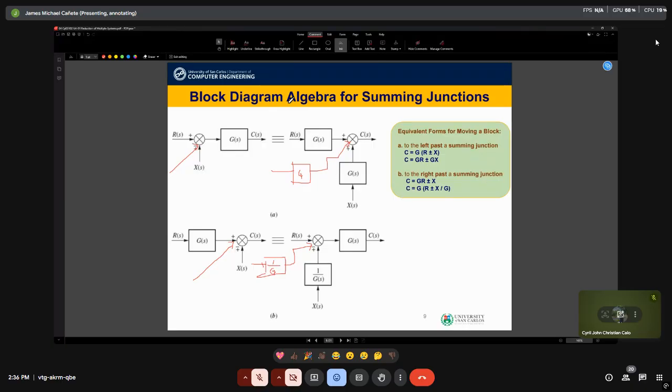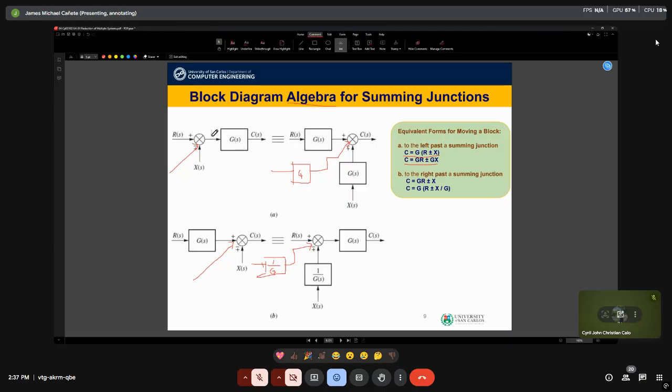The reason this is called algebra for summing junctions is that, mathematically, we're just using the rules of arithmetic, like the distributive or commutative property. If you look at the first equation on the left side, C is equal to R plus X, multiplied by G. We understand that, right?